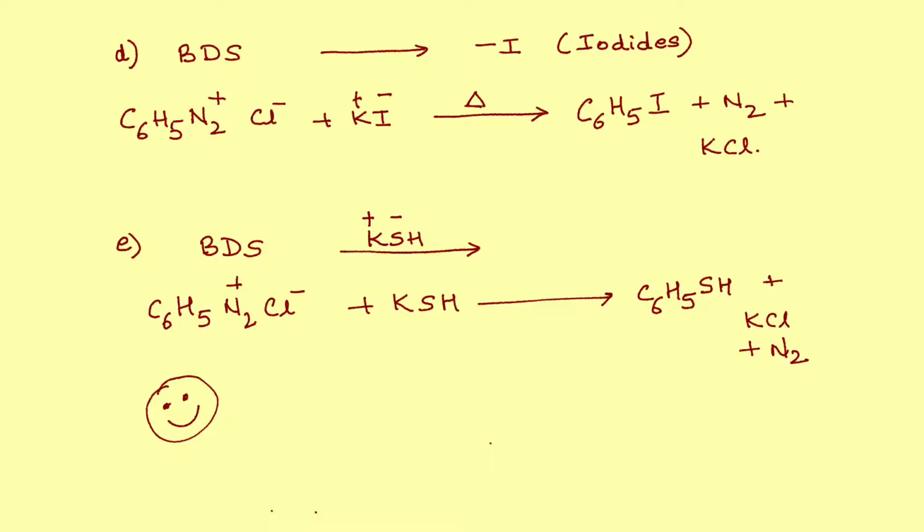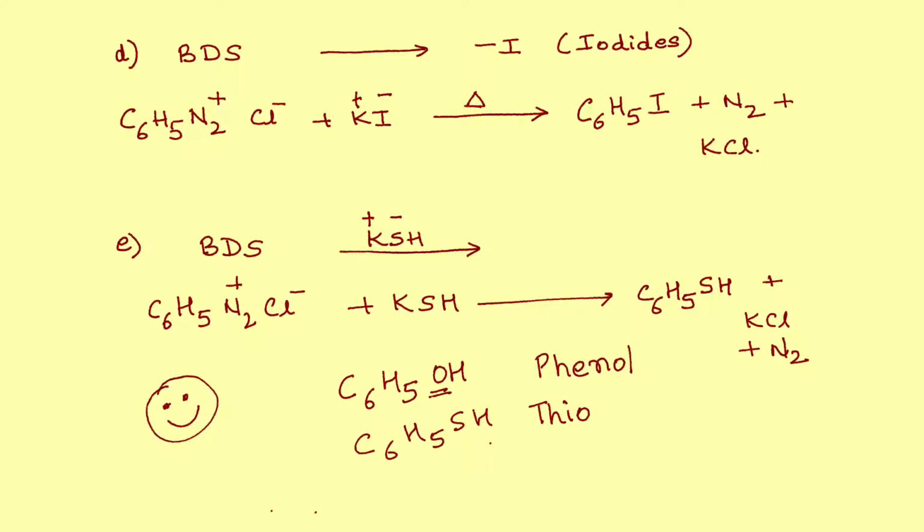How will you name this compound? So, if you see, C6H5OH is phenol. Here, the oxygen has been replaced by sulfur. So, when you have sulfur, what do you use? Yes, it's thio, right? So thiophenol. It's a phenol where the oxygen is replaced by sulfur.